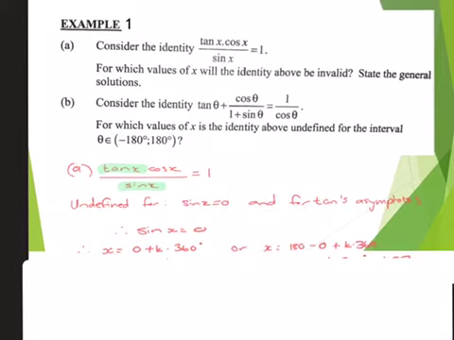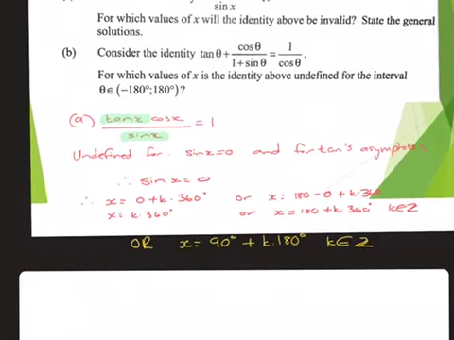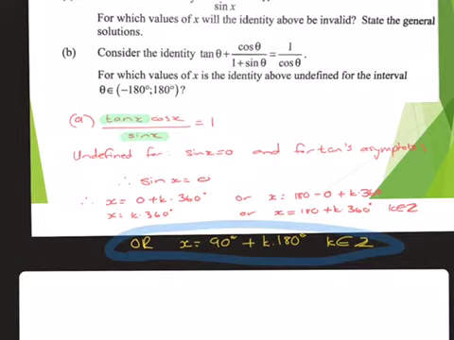For the first one, you can just write it as k360, and for the second one, 180 plus k360. k is an element of integers. Then for tan, for its asymptote, just remember that it's always the same formula, and that is 90 plus k180. And k is also an element of integers. So whether tan is at the top or the bottom, you spew out 90 plus k180.